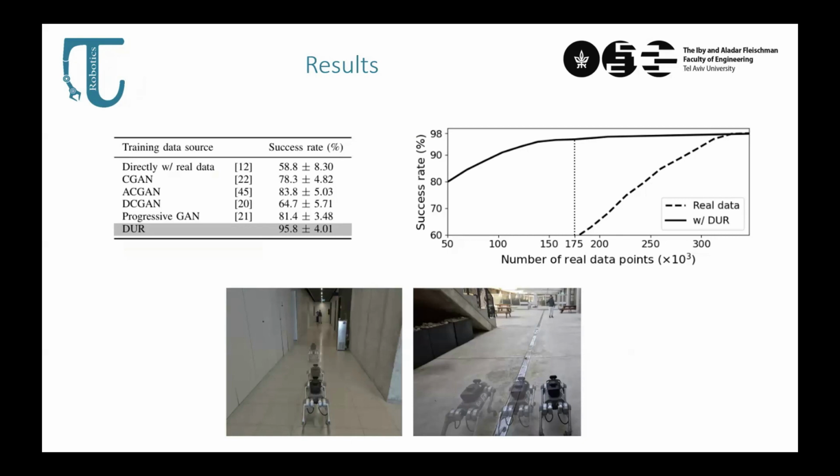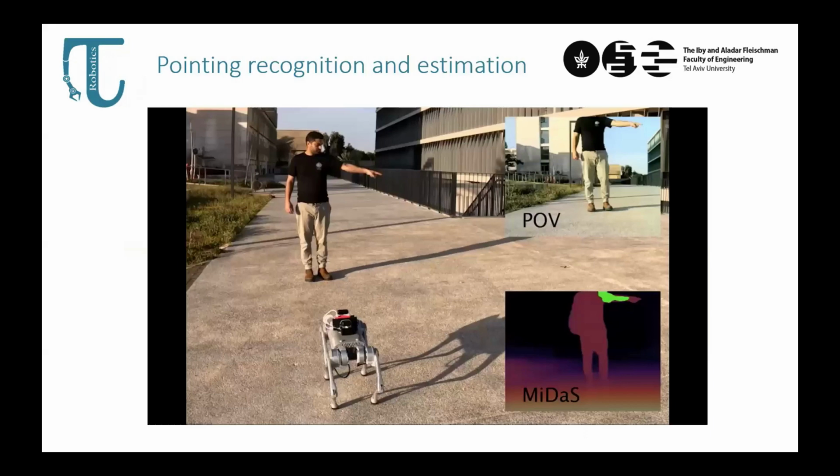What we see here is that a limited amount of data is able to capture a very good distribution of the problem. This is quite interesting, and this is the power of diffusion models. With a very limited amount of data, it's able to capture most of the distribution.